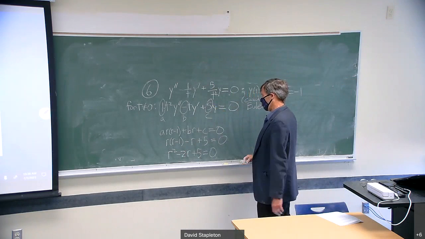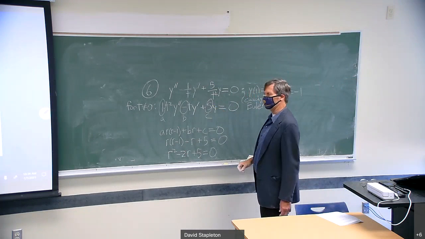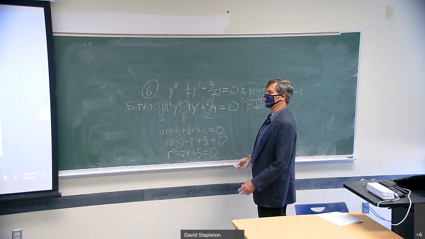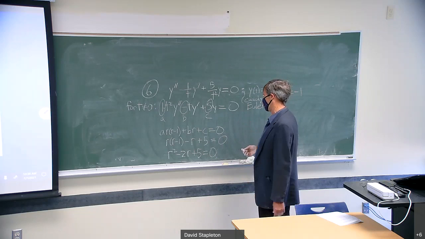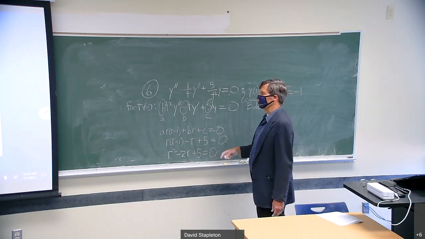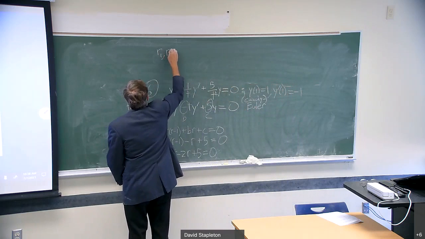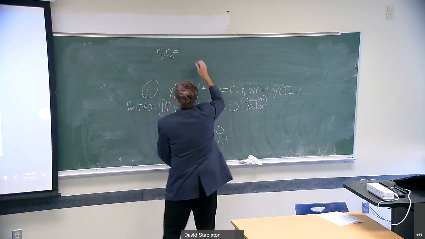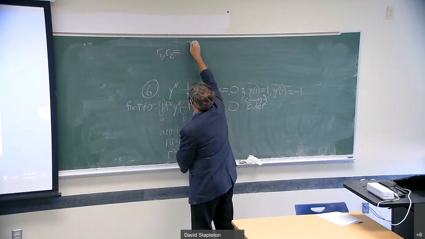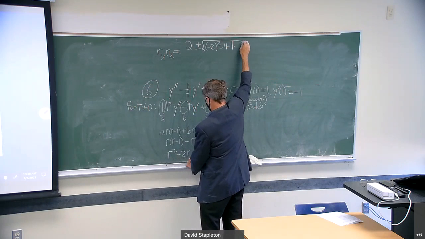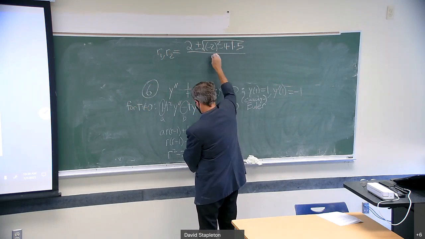And so we solve that and we fail trying to factor it. Why do we fail trying to factor it? It does factor, of course, over the complex numbers. Anything factors over the complex numbers. But it fails over the real numbers. The roots are imaginary. It's better to use the quadratic formula. r1, r2 equals minus B, which is plus 2, plus or minus the square root of B squared minus 4 times A times C, all over 2A.